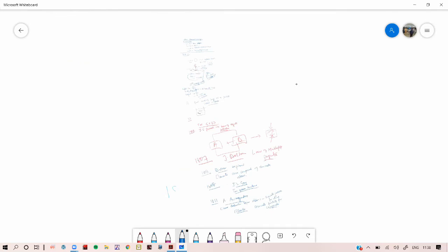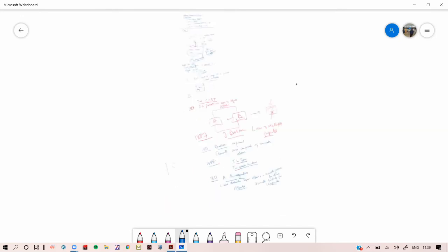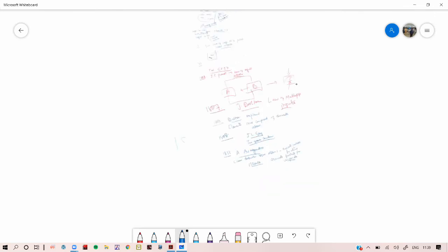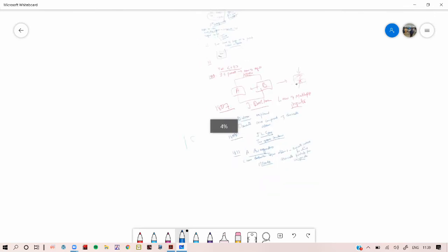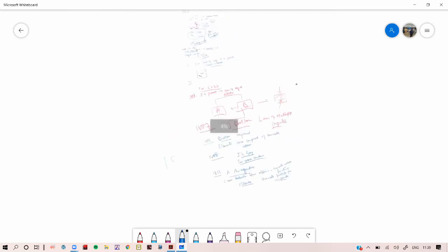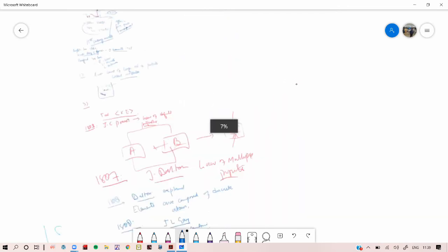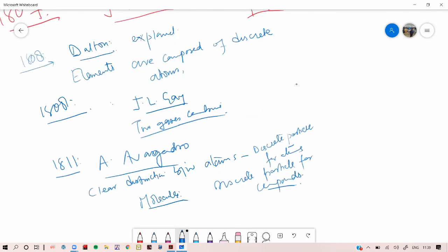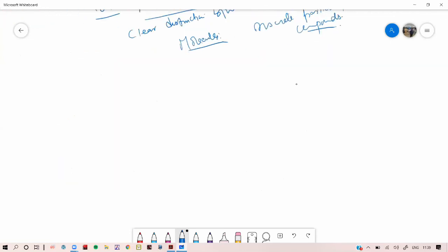So he said that the gas laws are true when we have the same volume of different gases at the same pressure. So this is how we reached the atoms and molecules, and how they reached this conclusion.